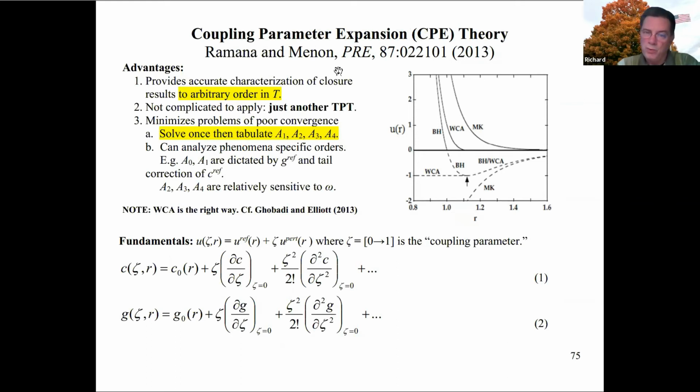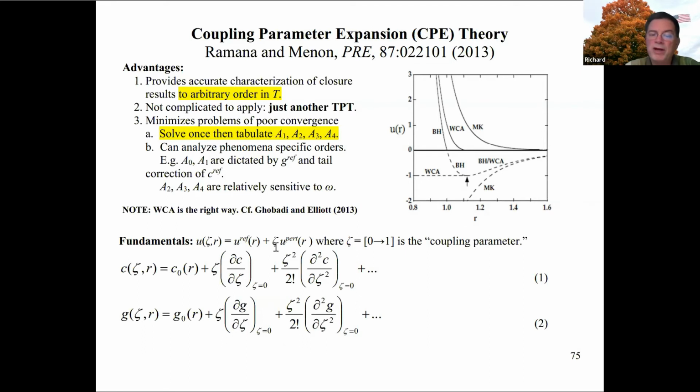So the original CPE theory was developed for spheres. And like I said, they were able to take it out to A7. They developed it for both square well spheres and for Lennard-Jones spheres. Essentially, it just recognizes that we can express this direct correlation function as a Taylor series in the coupling parameter.